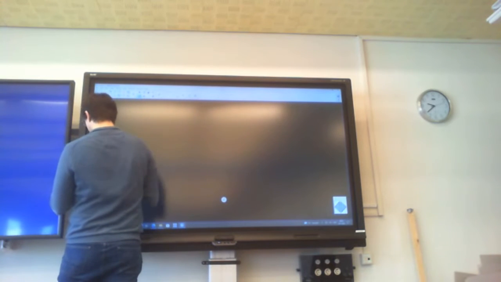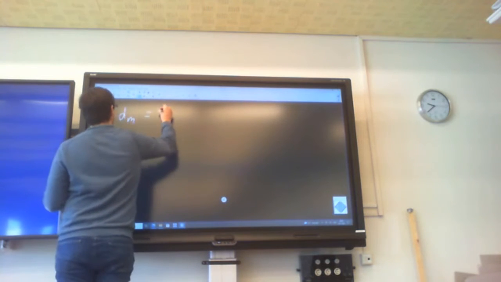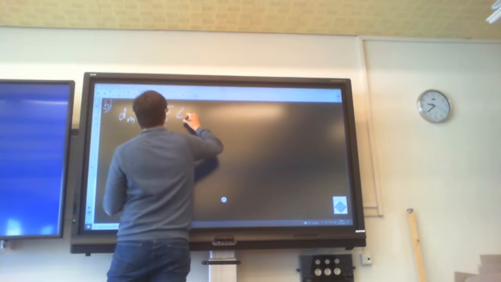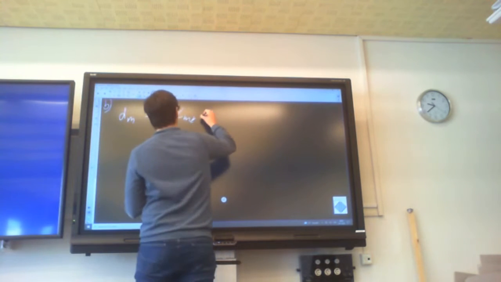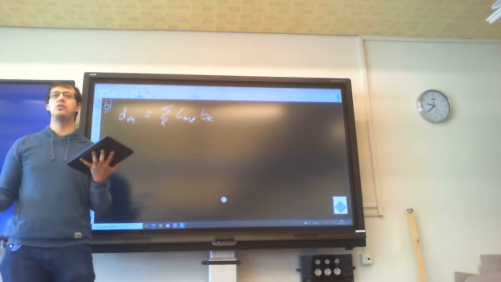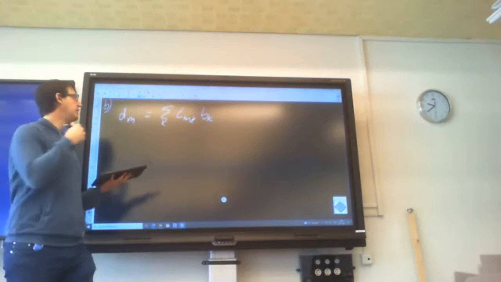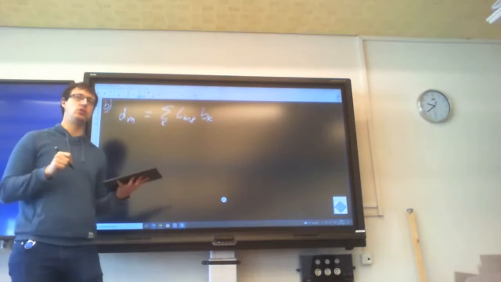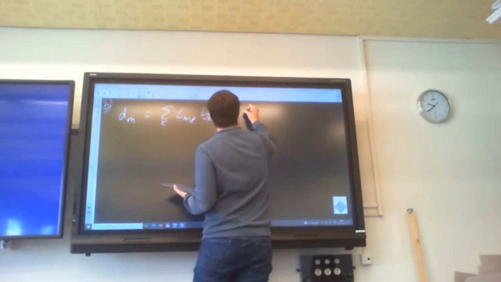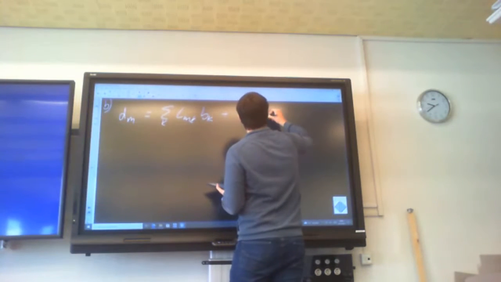We now define our D_M as the sum over K of L_KM times B_K. But this time we add not only annihilation operators to our new annihilation operators, but we also add a term which consists of creation operators.